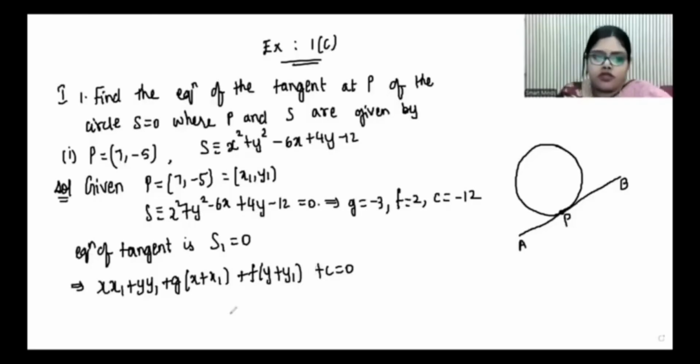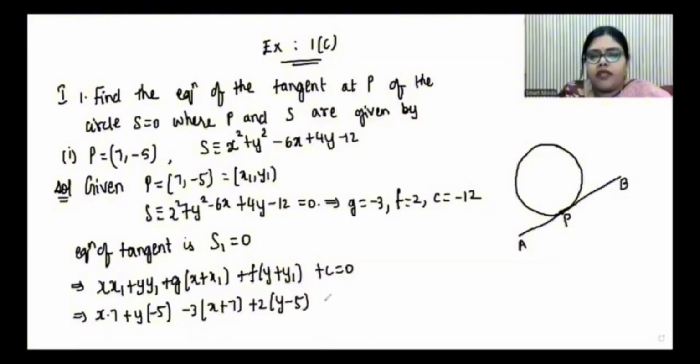Now just the substitution. So x into 7 plus y into -5, minus 3 into (x + 7), plus 2 into (y - 5), plus c equals 0. So 7x - 5y - 3x - 21. I multiplied this into this, this into this.